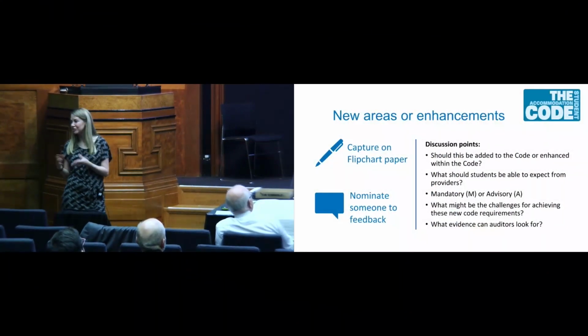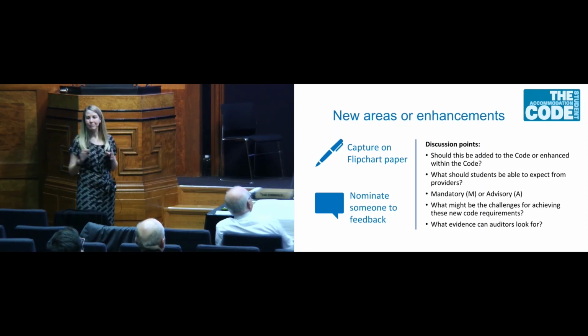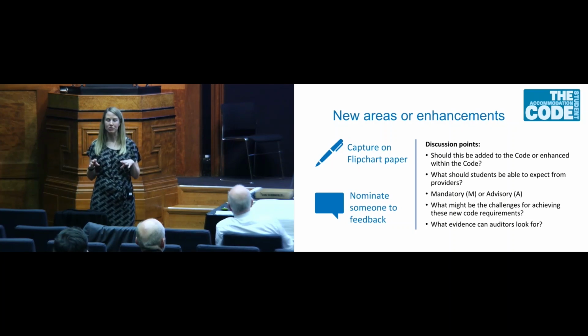And also, it would be really good if you can think about what the challenges might be for the sector in achieving those code requirements, and also what the challenges might be for auditors in terms of being able to evidence it. So there's no point us putting something in the code that the auditors can't find or evidence. So we need to consider, is that something that can be evidenced, and how easy might that be, and how would we do that? And since you're not sat on tables, so it's a bit more difficult, I'm suggesting for those of you in the room that you just come and grab.